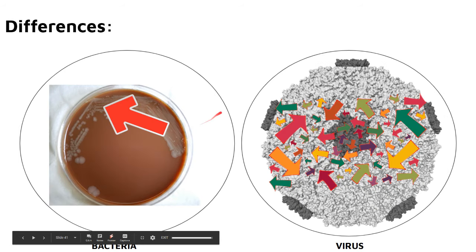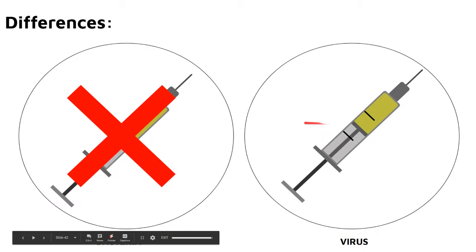The difference between bacteria and virus as well is that bacteria are known to be localized, where they only affect one area, like right here, and viruses, on the other hand, are more systemic, where they can be affected anywhere.